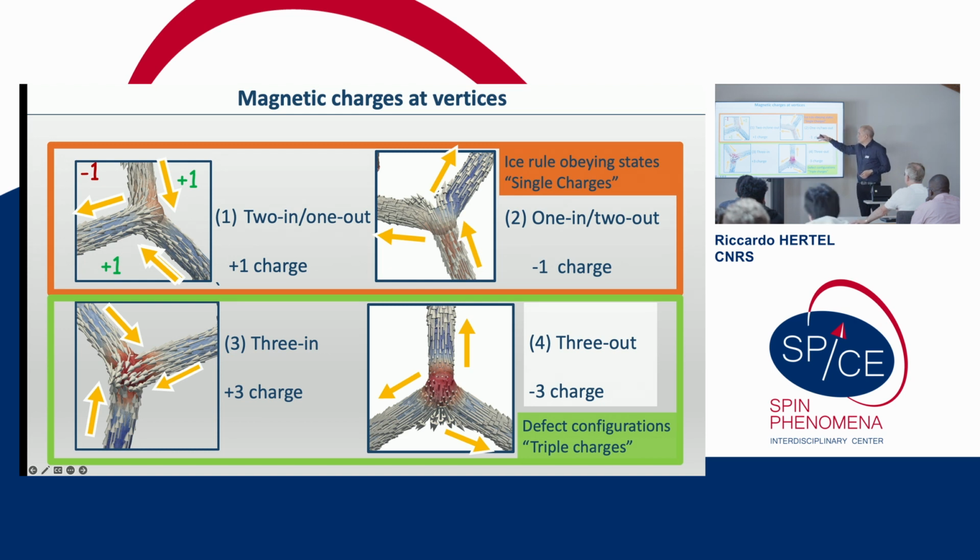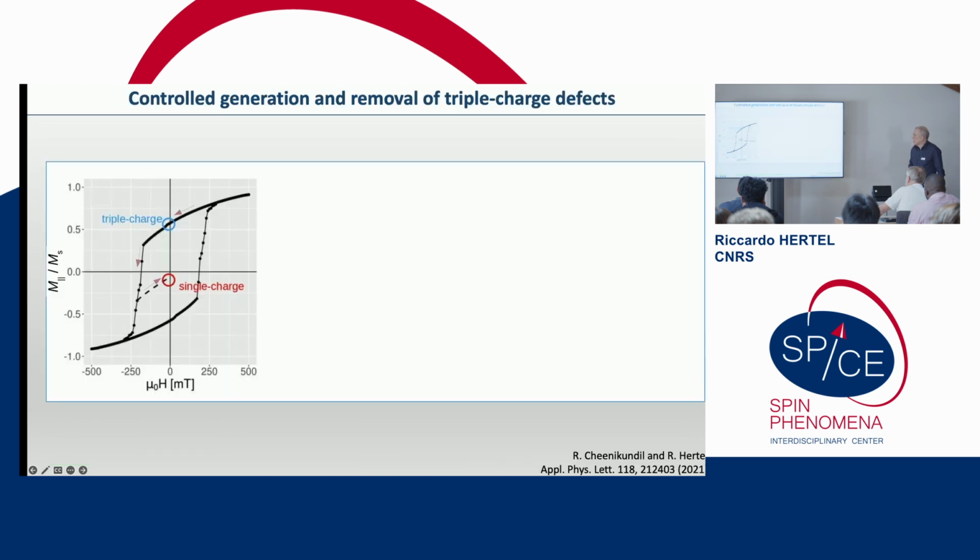The ice rule obeying state, which is 2 in, 1 out, or vice versa, which due to time inversion symmetry is equivalent, and what we call the defect states, where you have 3 branches where the magnetization is flowing towards the vertex, or 3 in which it flows away from it, where you end up with a triple charge. And we call this the defect configurations, as I said.